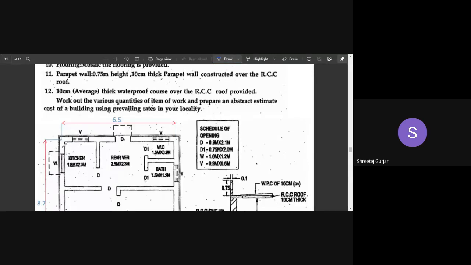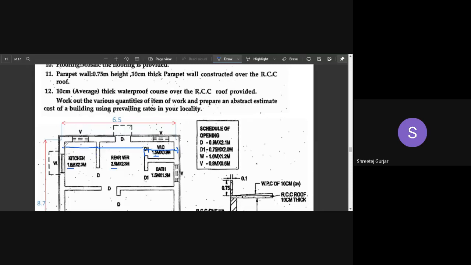Next, in the kitchen length, what is the length of this kitchen? It is 1.8. So 1.8 plus this wall thickness, which is 20 centimeters, so plus 0.2, and this rear veranda up till here will be 2.5, plus this wall thickness 0.2, plus 1.5, plus half of this wall thickness, meaning plus 0.15.